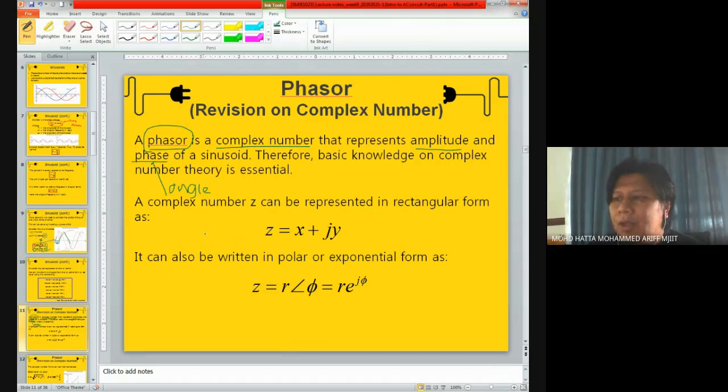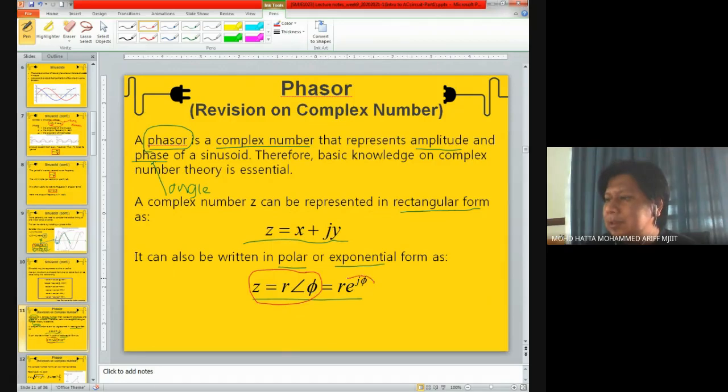A complex number can be represented in rectangular form, and also in polar or exponential form. But in your course, we always look at the equation consisting of the magnitude and the angle of your time domain voltage or current expression.